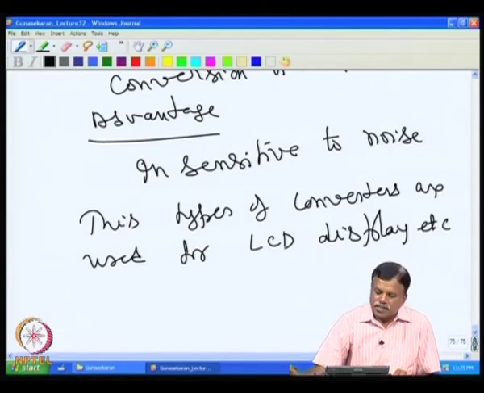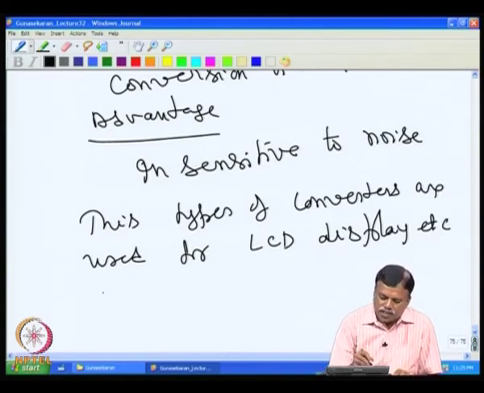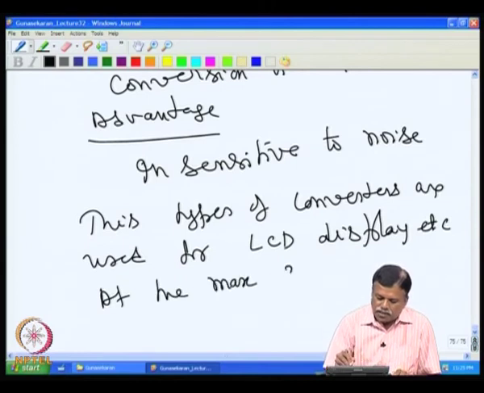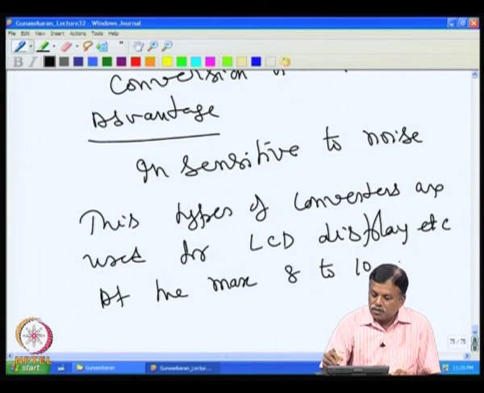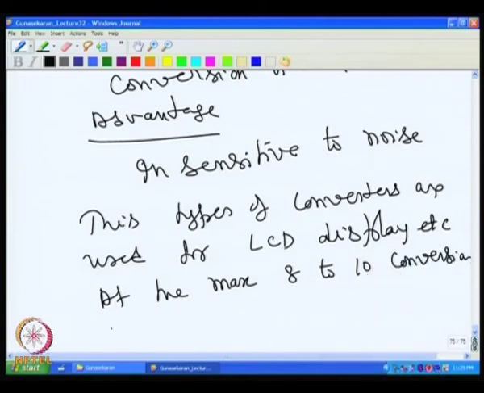At the maximum, 8 to 10 conversions are possible, and that is good enough for display. So, most of the displays today use this dual slope ADC converter. This is a very popular ADC converter.